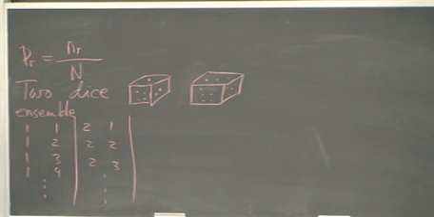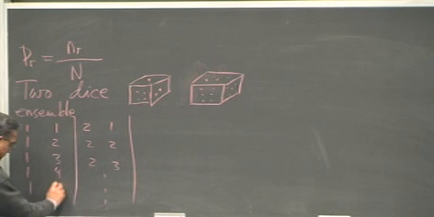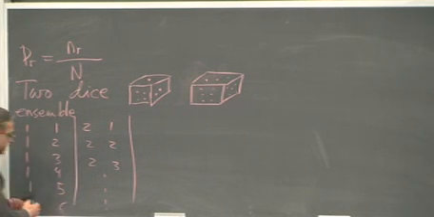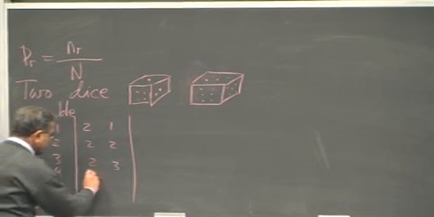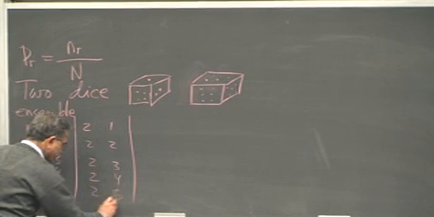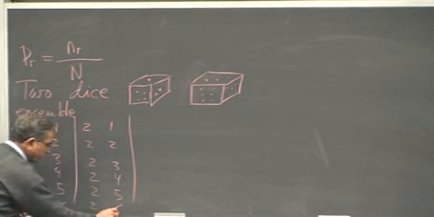Okay? If you look at this, die 1 has a 5 on top, and then die 2 has a 4 on top, and a 5 on top, and a 6 on top.